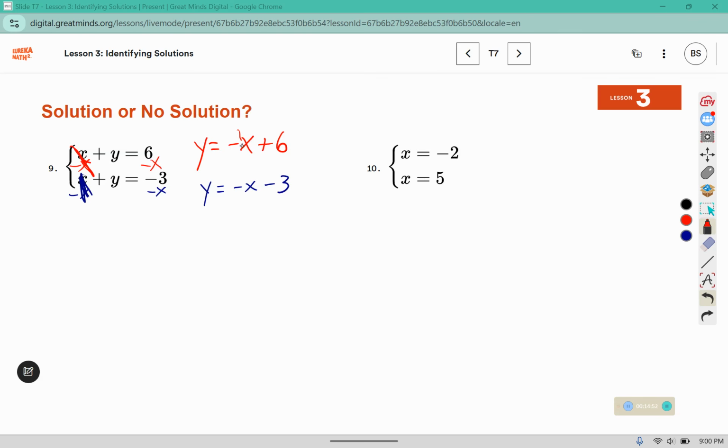You can think of this as a slope of -1, and this as a slope of -1x. So these do not have a solution, or this system, I should say, does not have a solution.